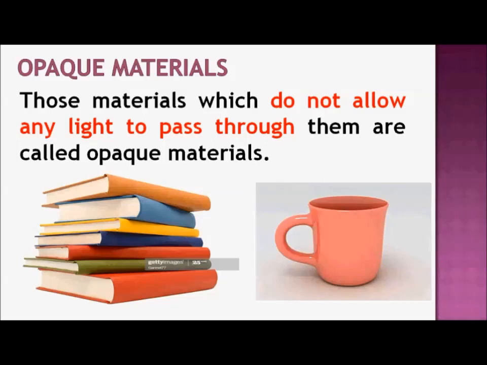There are a lot of opaque materials: books, wooden door, metal sheets, all are opaque materials. These materials do not allow any light to pass through them. We cannot see anything through an opaque object.